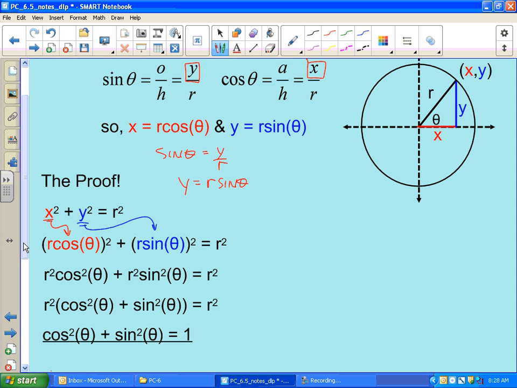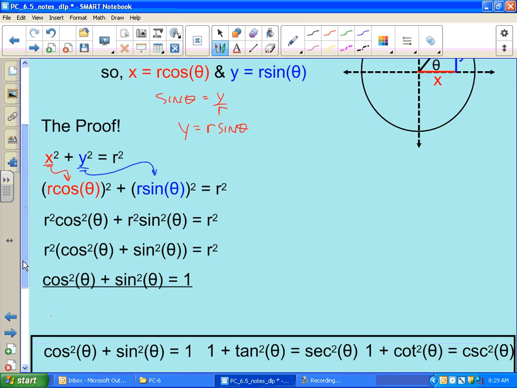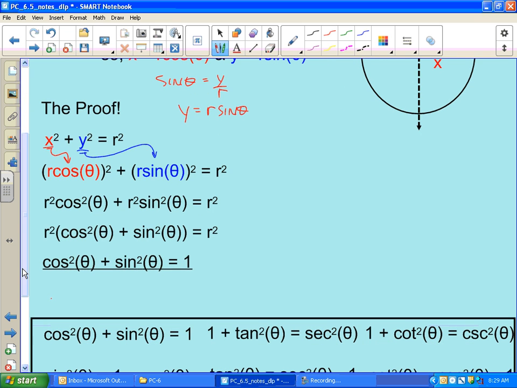x squared plus y squared equals r squared, that's just our Pythagorean theorem there. The sum of the legs squared equals the hypotenuse squared. All right, we further develop this. We take r cosine squared, and we notice that the r has to be squared, the cosine has to be squared, the r has to be squared, the sine has to be squared, and we get this line.